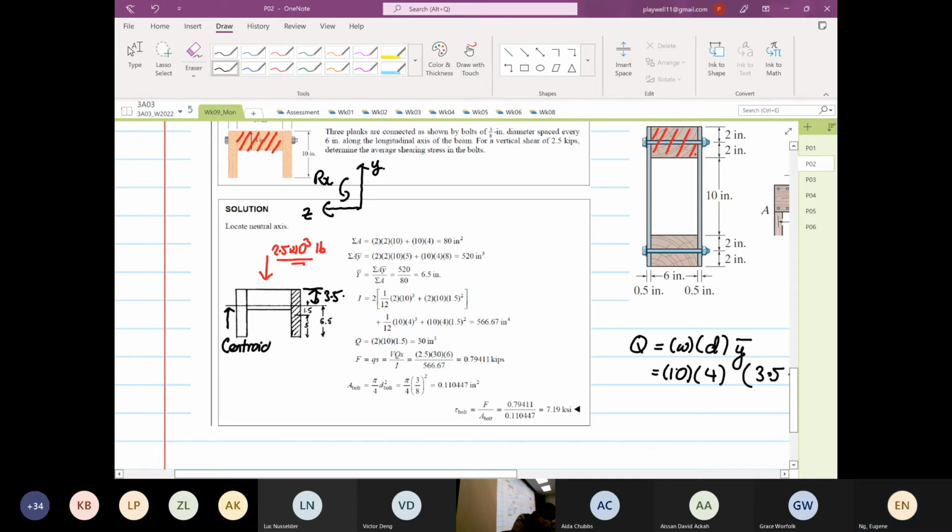We have to break the rule where we say the first moment of area cannot cross the centroid. Yes or no? Why do we have to break the rule? Anyone? This is because we need to calculate the member that distributes the shear force.